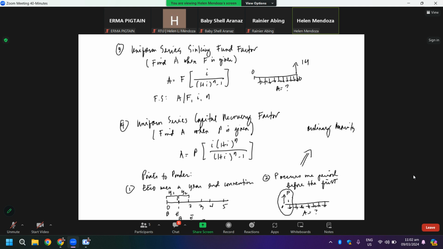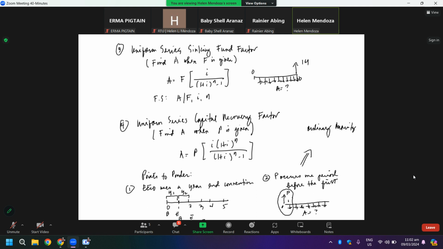What is ordinary A? An ordinary annuity is an annuity where the first payment starts one period after the commencement of the loan. In cases where you do not pay exactly 1 month after, just like when you borrow funds from government institutions, sometimes when you borrow and your loan is released after the 10th, may mga ganun sila, then you may be expected to pay 2 months or 3 months after.